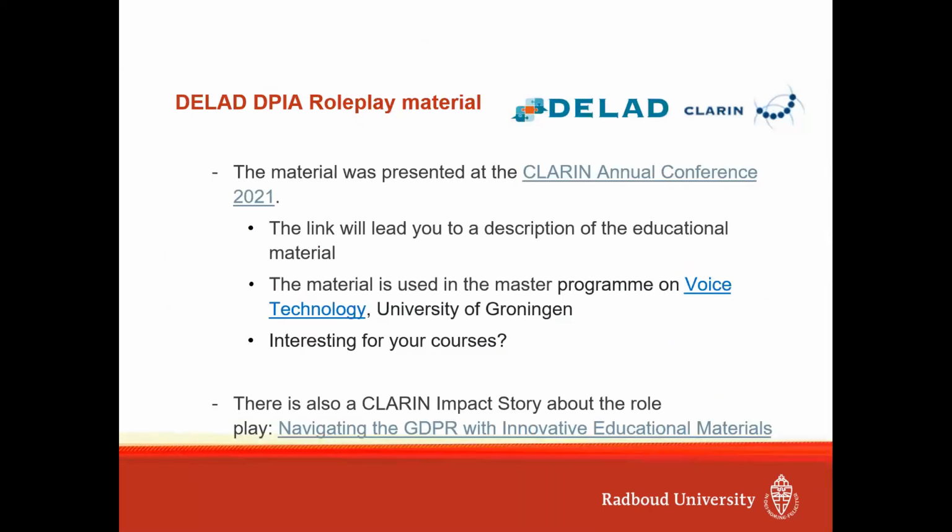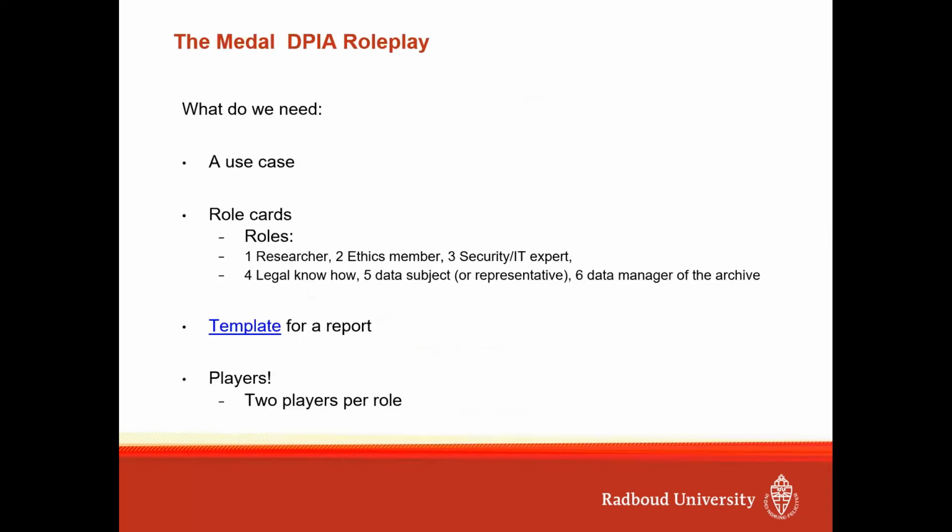So the material was presented at the CLARIN annual conference. There are several links that you can use here. And for the role play, what we would need is a use case. We need role cards, and we do have them. They are here, kindly provided by Tavi.